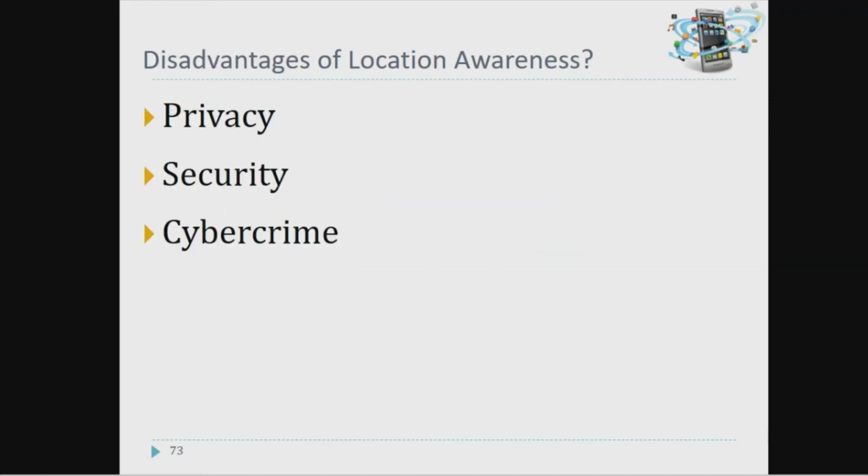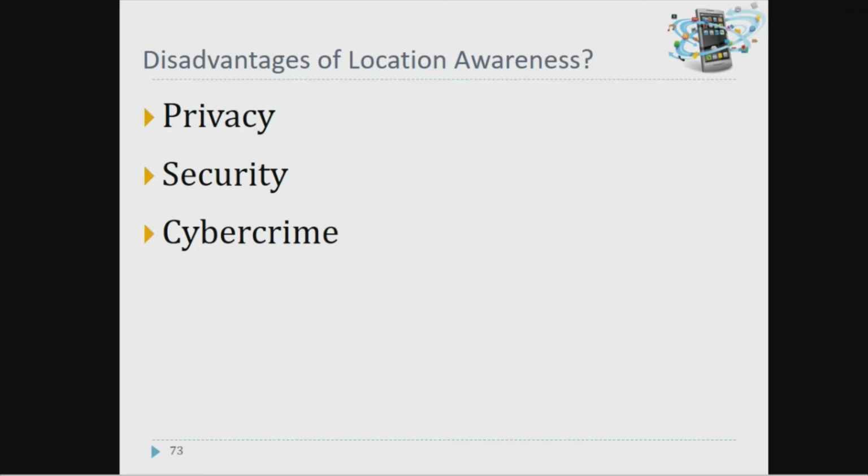So what are the disadvantages of location awareness? Before this, when I explained about location awareness, maybe you could imagine that it would be beneficial for business, for promotion, to identify a place, to get information based on the location. That's good. How about the drawbacks?